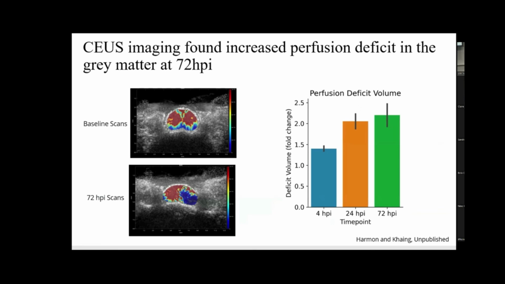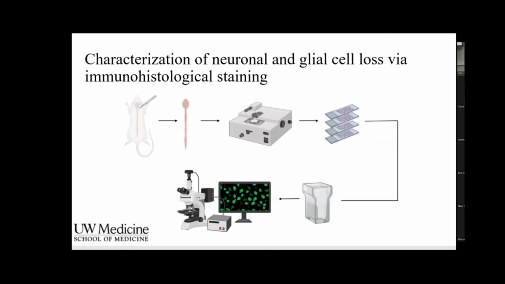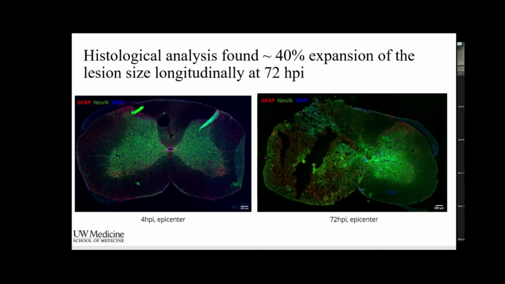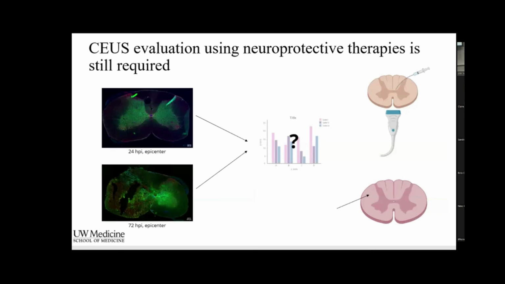So the immunohistological data supports the data we've already seen in the ultrasound imaging, which would be great because that means we can do that in patients without killing them to see what's going on in their spinal cord injuries.